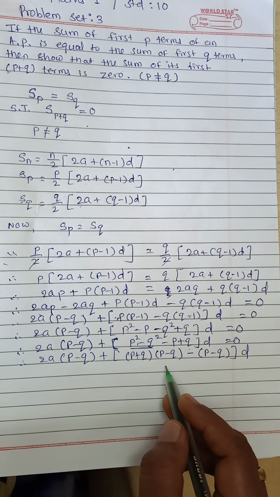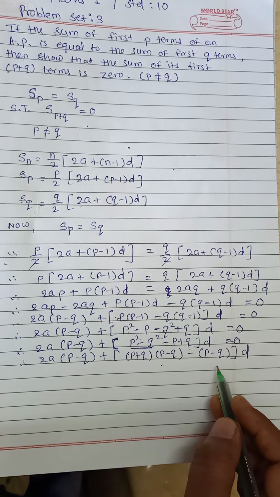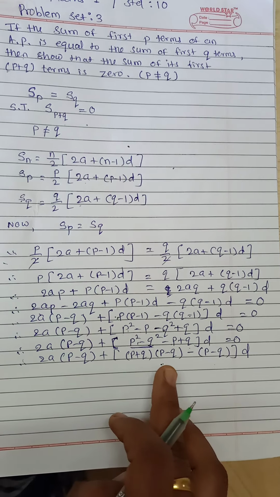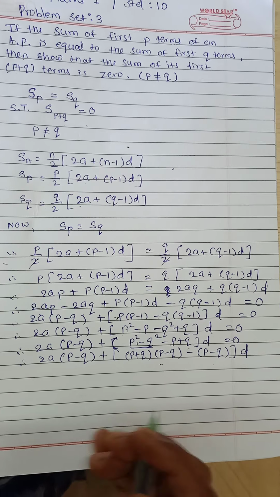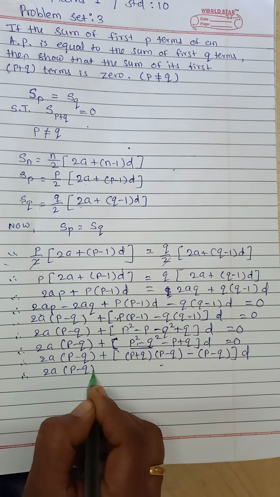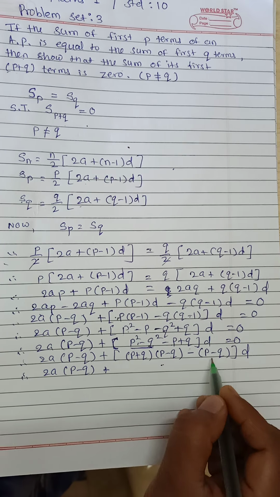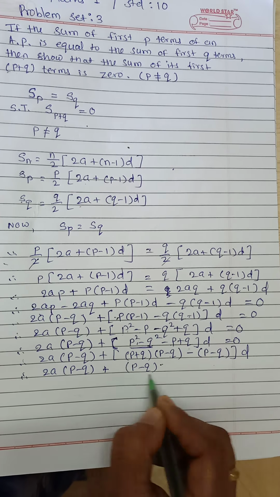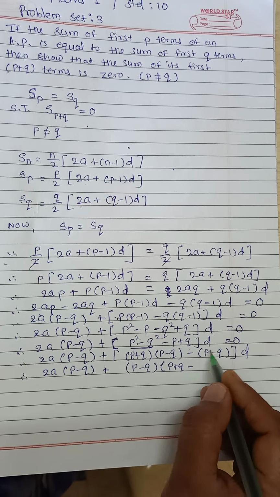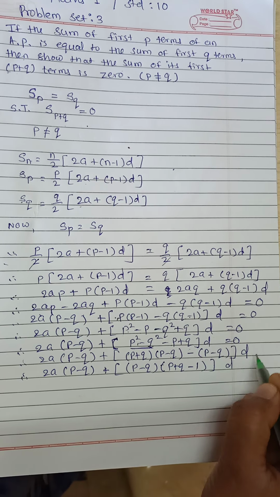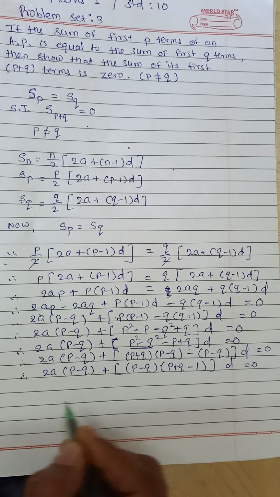Now in this, p minus q is common, so we'll take this p minus q as common, therefore 2a (p minus q) as it is, plus, now in this p minus q is common, so I am writing (p minus q) in another bracket, p plus q is left over here, minus, nothing is here, so 1, square bracket, d is equal to 0.